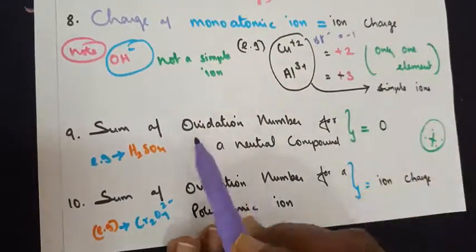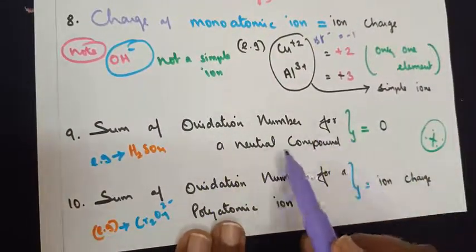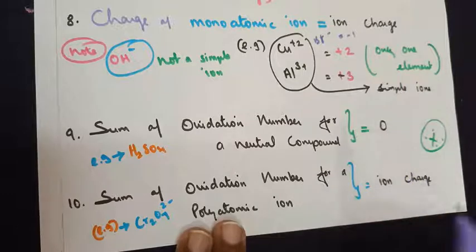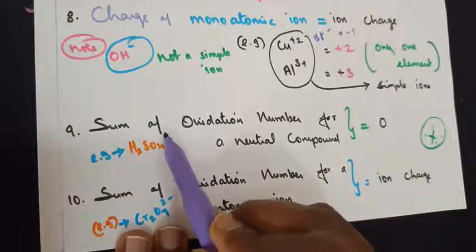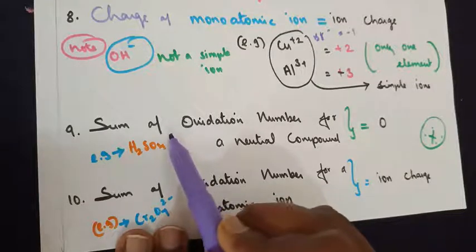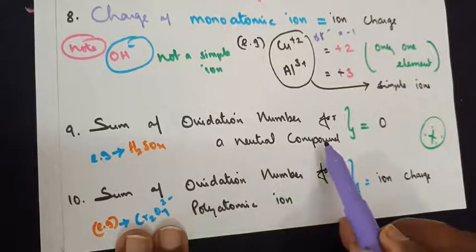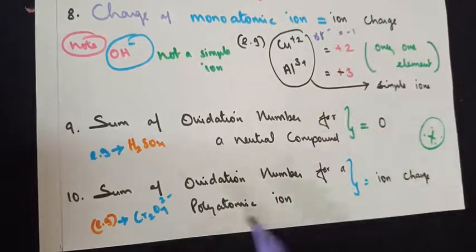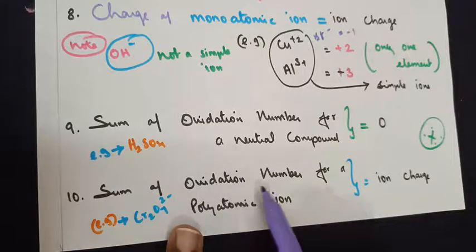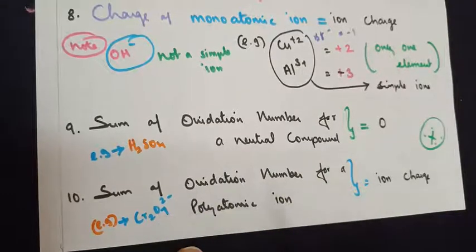The next rule: the sum of oxidation numbers for a neutral compound is equal to 0. Easy way to remember, H2SO4. If they do not give you any overall charge on top, above, it stands for the neutral compound. We will see the meaning of it when we work out the numericals. The last rule: the sum of oxidation numbers for a polyatomic ion.